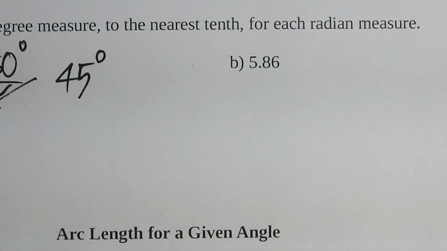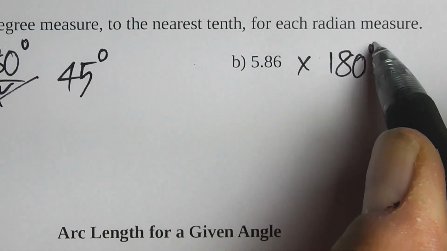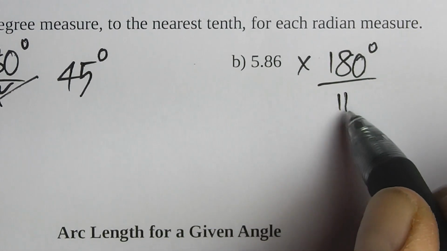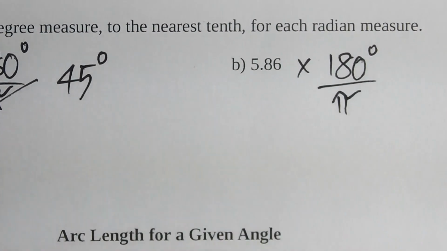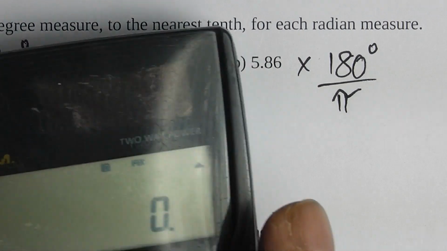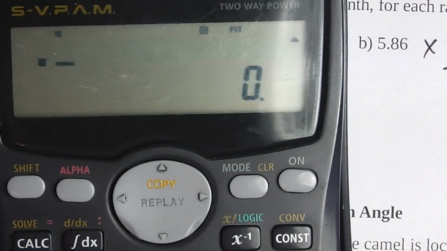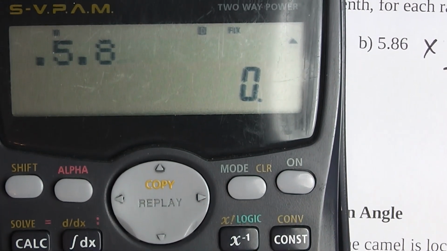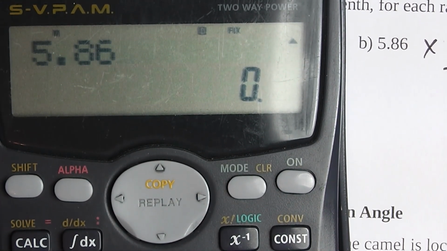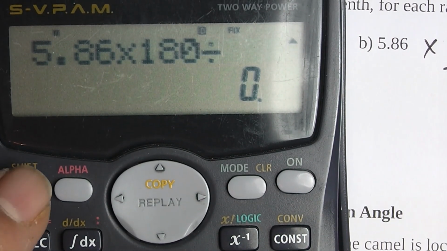For 5.86, I'm going to multiply by 180 degrees over pi. My calculator is in radian mode. I'm going to type into my calculator 5.86 times 180 divided by pi.